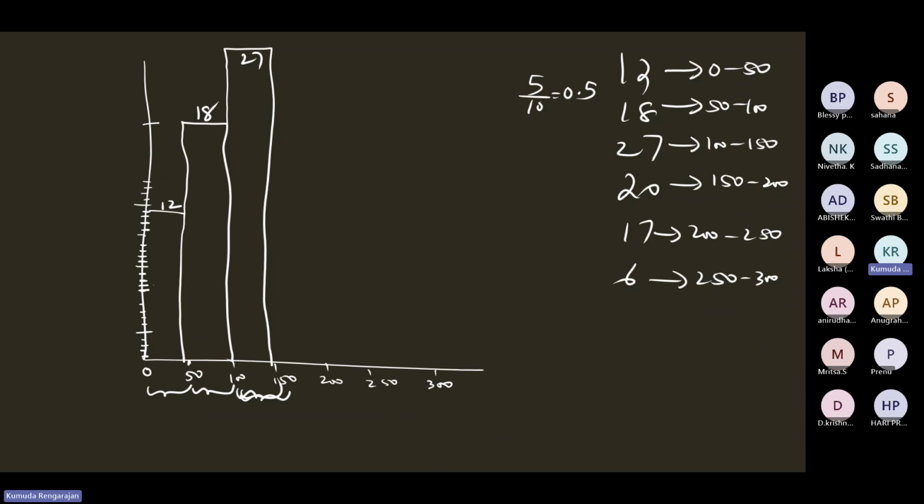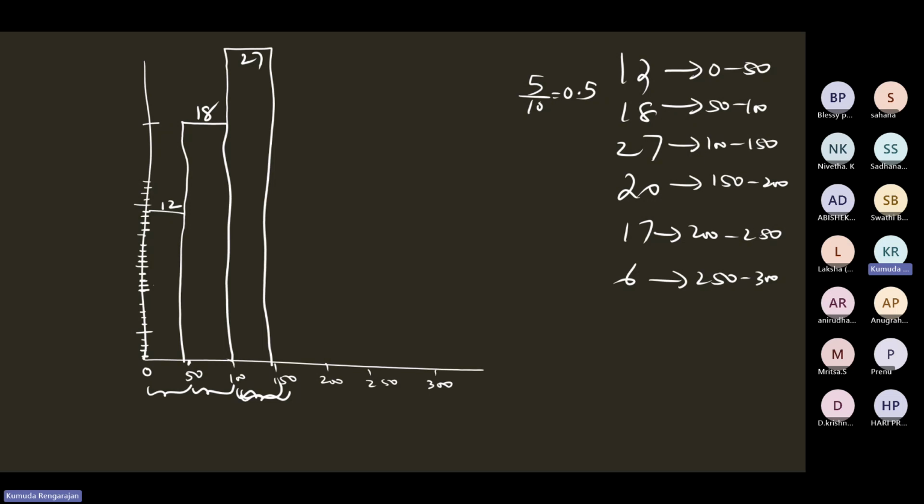The most important thing is how to read the subdivisions. I hope all of you understood that. And the second important thing is the rectangles in the histogram should not be very short, nor should they be very tall. So you must decide the scale accordingly.